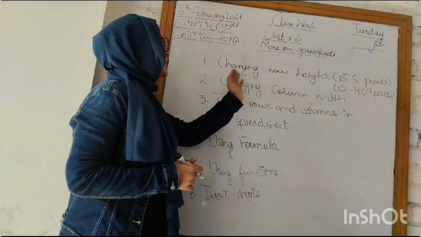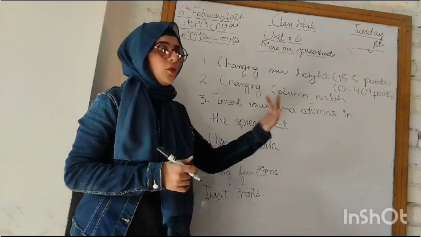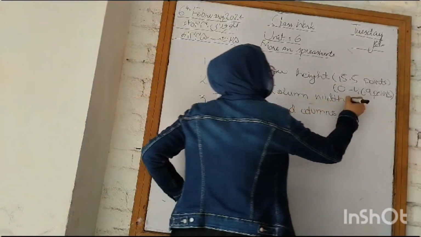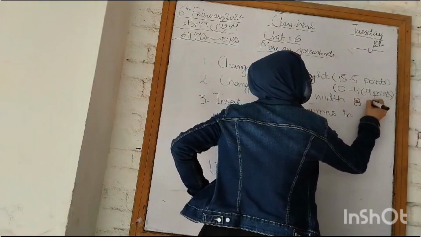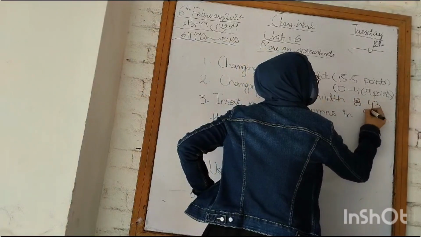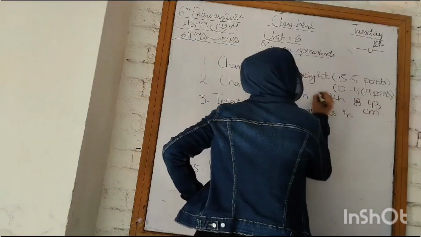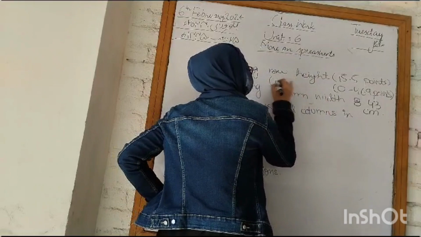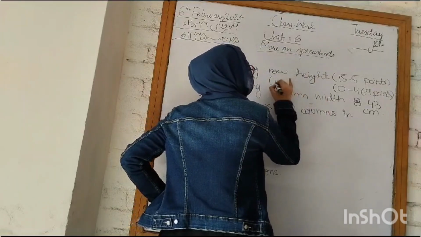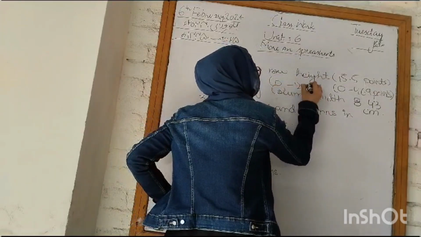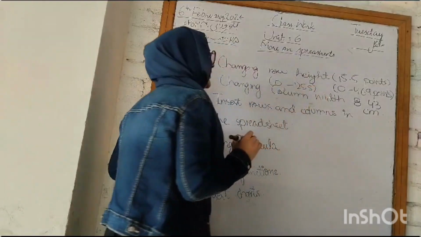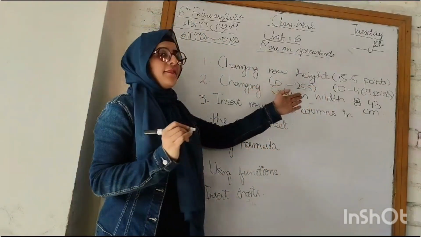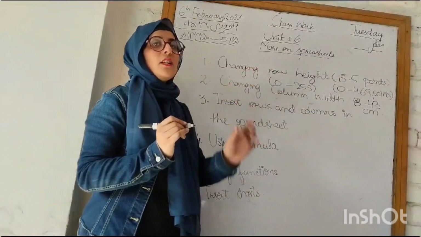That's why we change the row height and the column width. The default column width is 8.43 and the characters we can add is from 0 to 255 characters in a single column or a single cell.